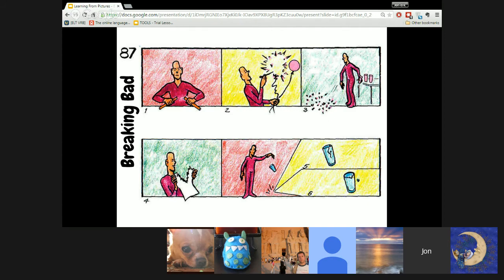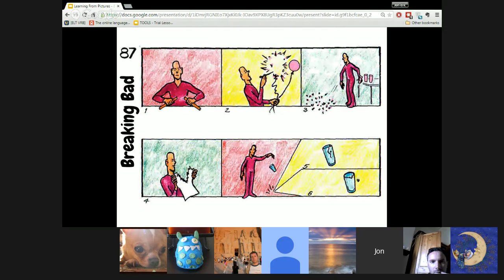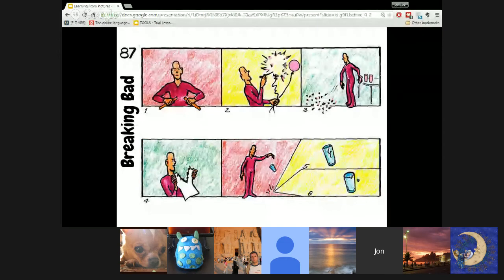Now you can use those as the main verb in this sentence. He is shattering a glass. You can also use it, the glass is shattering. So that's actually present continuous. The glass is shattered. The glass shattered. You can use it as an adjective as well. All of those are possible.